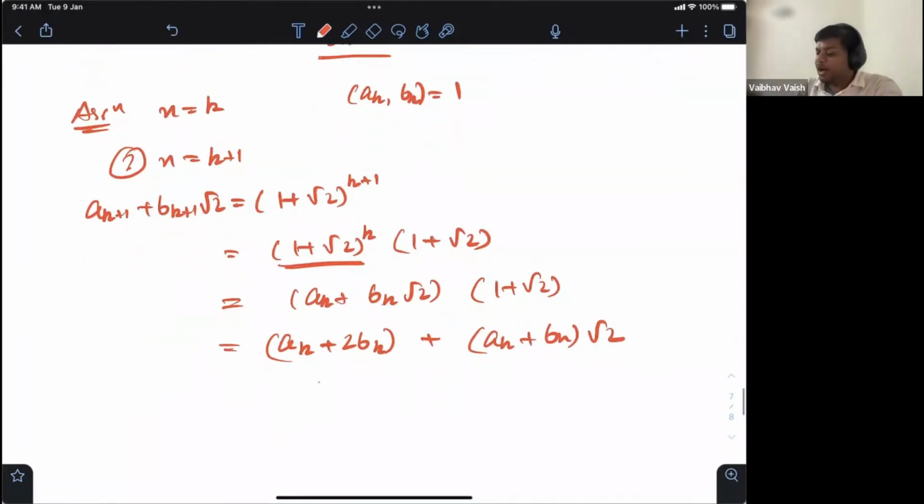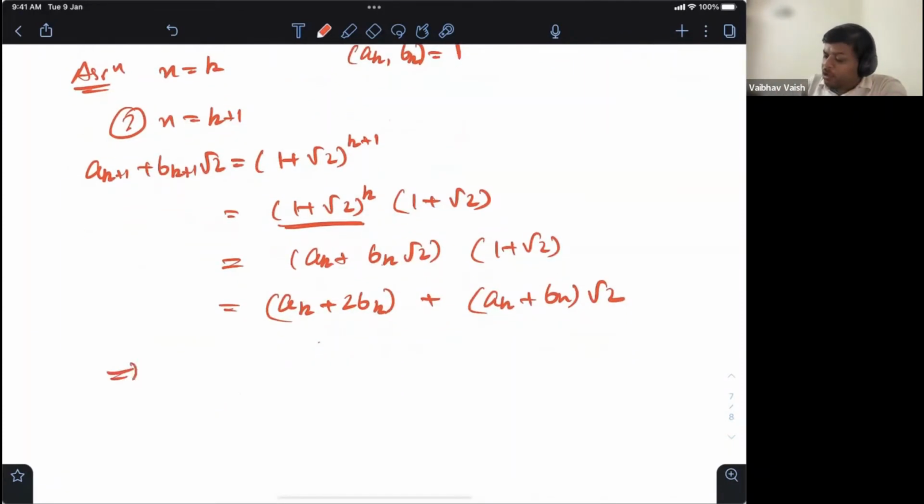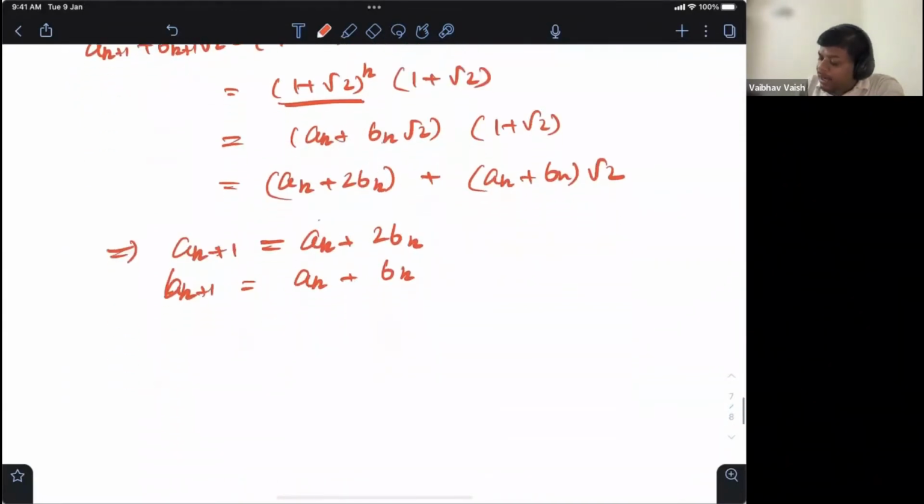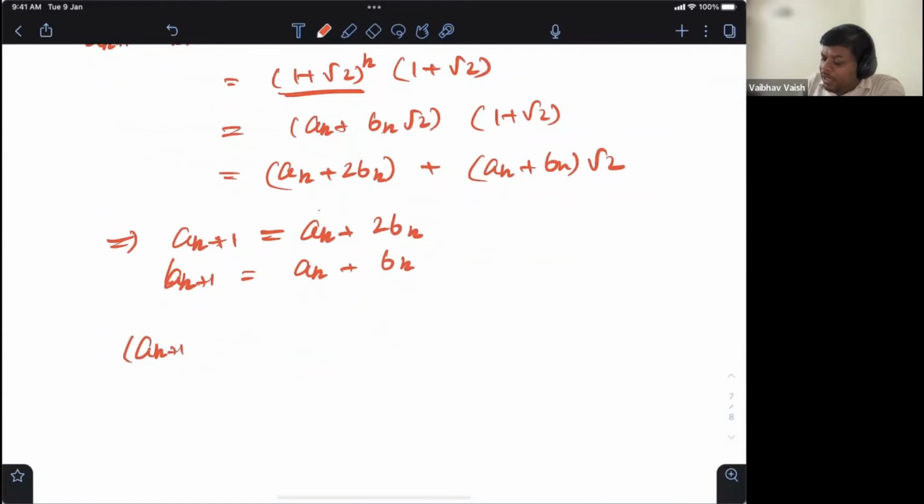Yeah, this is what we get, right? So from this you conclude a(k+1) equals ak plus 2bk and b(k+1) equals ak plus bk. And therefore, what is GCD of a(k+1) and b(k+1)?